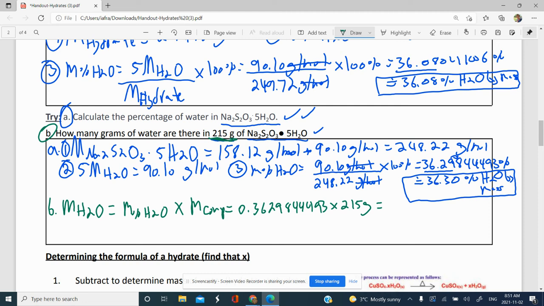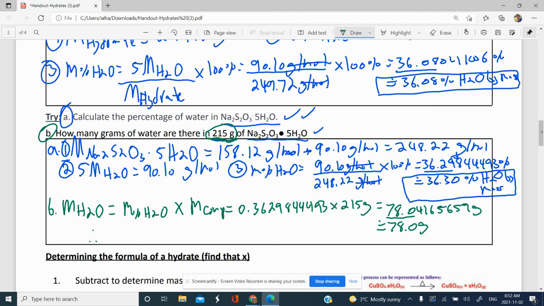So times 215, I get 78.04165659 grams, which is approximately, if I want to keep it to 3 sig figs, 78.0 grams.